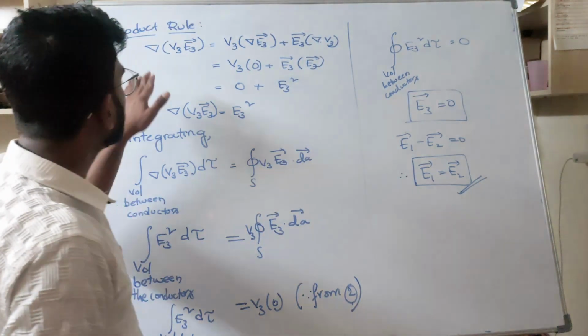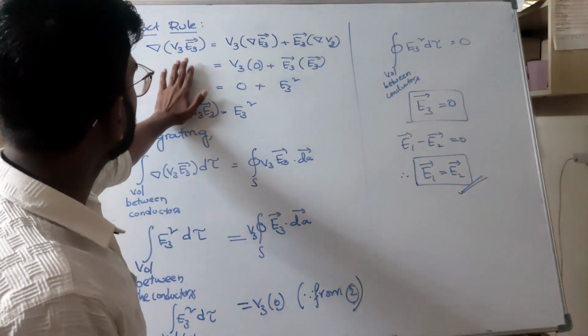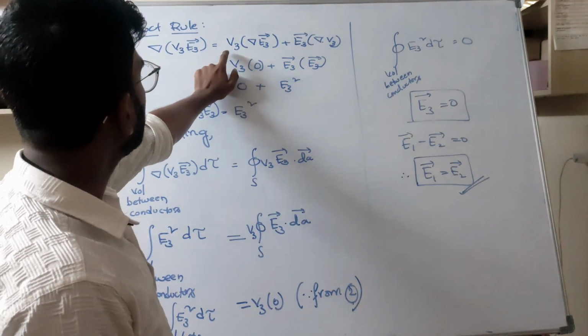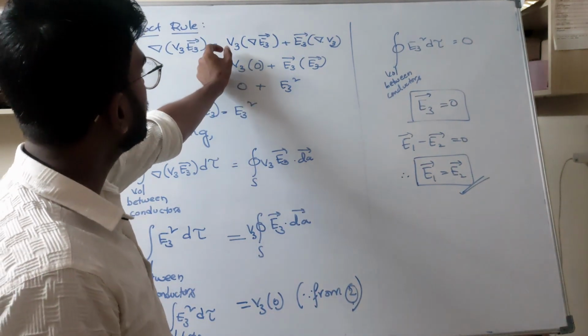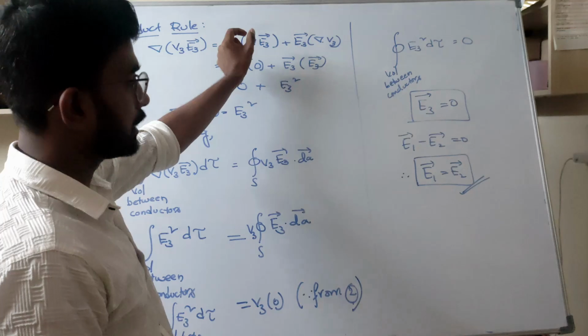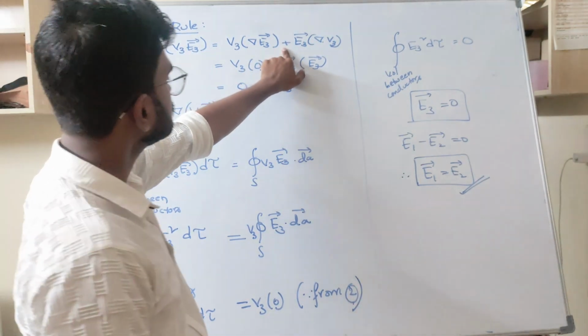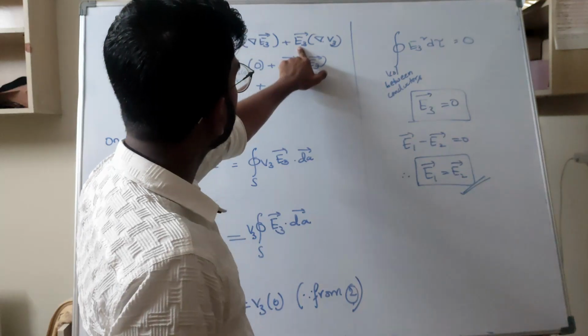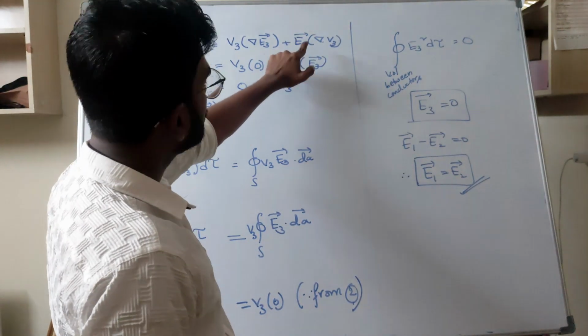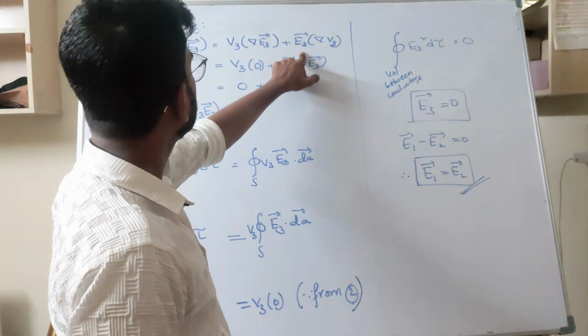Similarly, gradient of V3 E3 bar: initially I apply gradient to E3 bar, plus I apply gradient to V3, taking E3 outside.